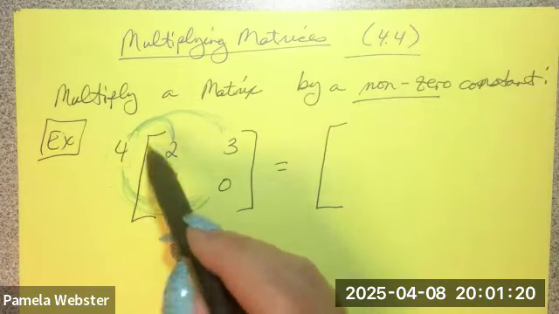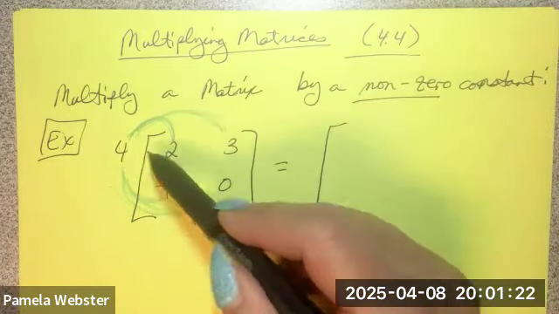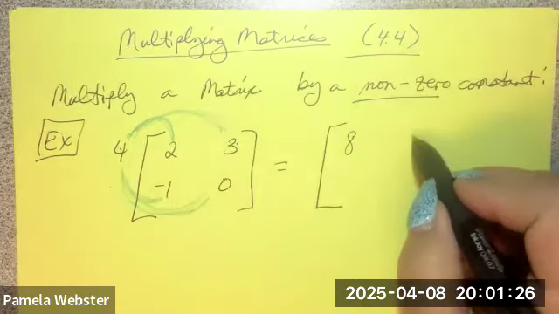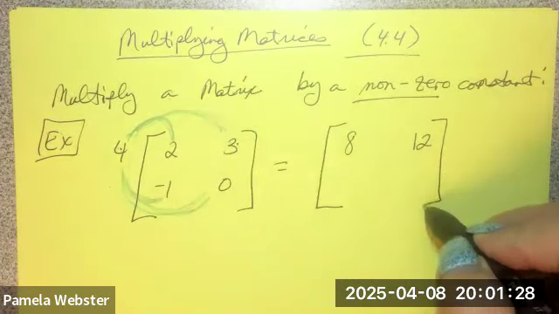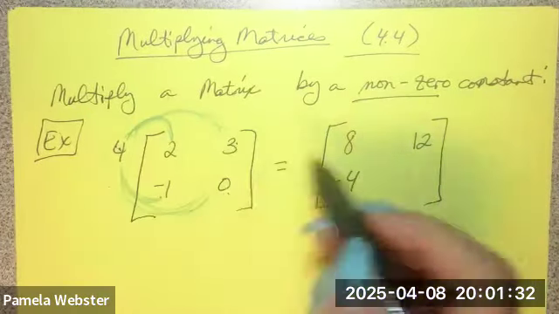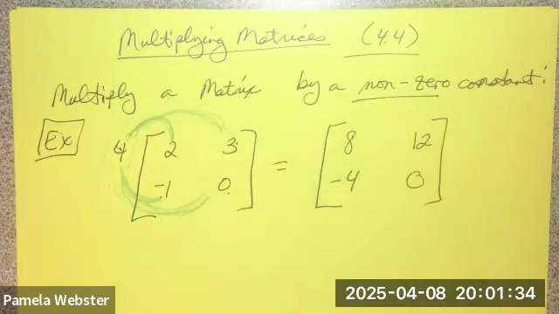So I'm not going to change the number of terms. It's just going to be 4 times 2 is 8 right here, and 4 times 3 is 12 right here. 4 times -1 is -4. 4 times 0 is 0 because anything times 0 is a 0. So it's just kind of like distributing the 4 in, and it's not terrible, right?